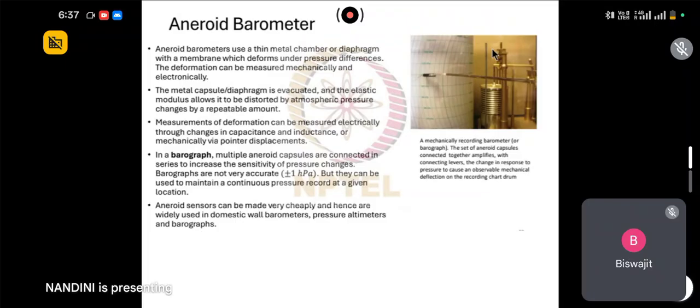The deformation can be measured mechanically. The metal capsule or diaphragm is evacuated, and the elastic modulus allows it to distort by atmospheric pressure changes by a repeatable amount.